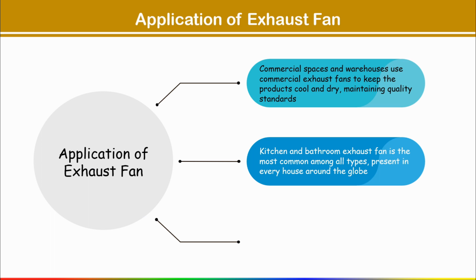And in the kitchen, for what purpose? To extract smoke from the kitchen, or in case of fire, or otherwise to ensure the safety of the people who are working in the kitchen. That is why we use the exhaust fan, also for ventilation purposes.